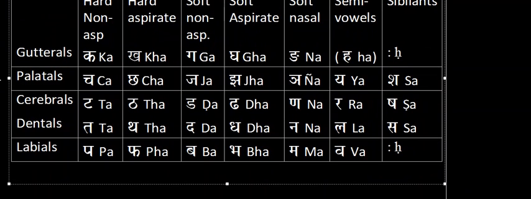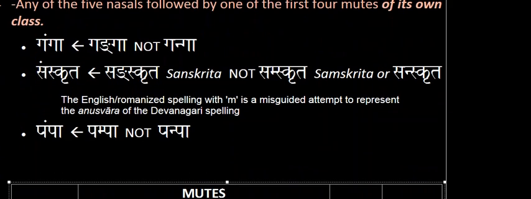So pa, since it's following the labials, we have to take a look at which soft nasal belongs to the labials. And that soft nasal is ma. So that's why this dot represents the ma. It's pampa and it's not panpa, or it's not even pangpa.